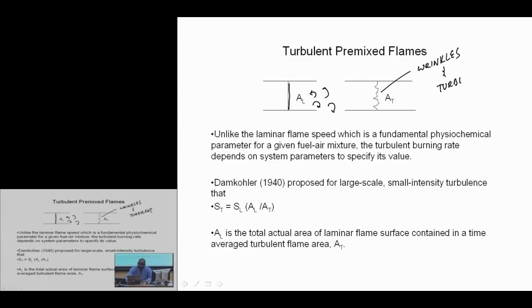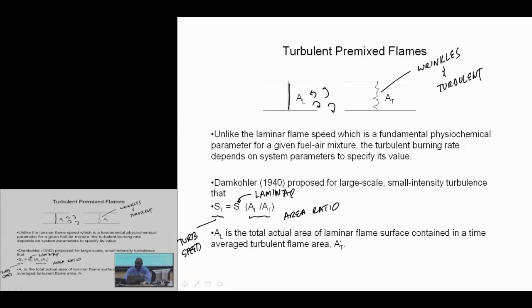To first order, the turbulent burning speed, and this is not a fundamental issue because it's flow dependent, looks like the laminar flame speed, which is the fundamental relationship, times really this area ratio of the actual area of laminar flame surface contained in an average.